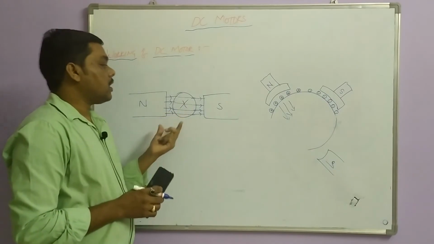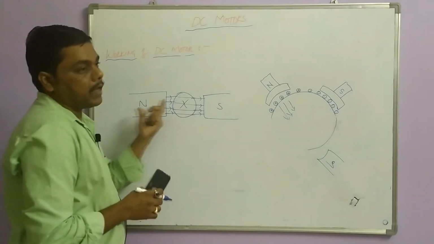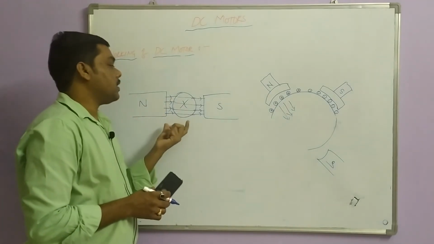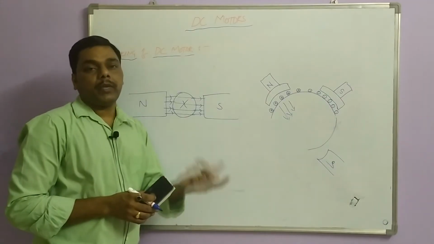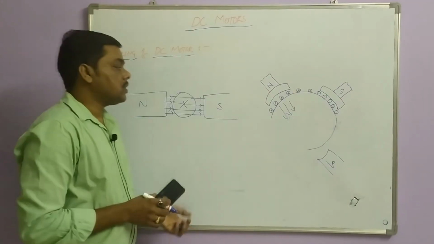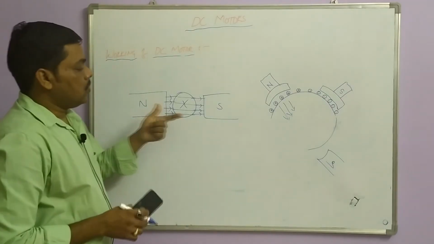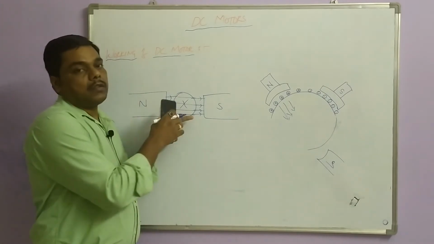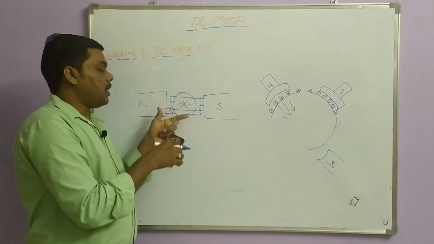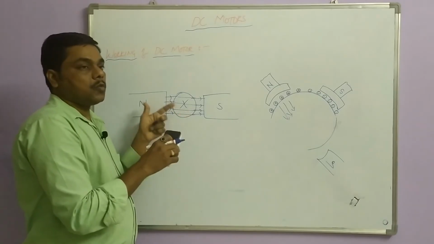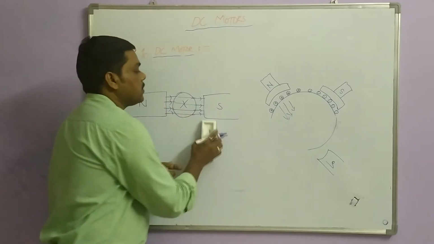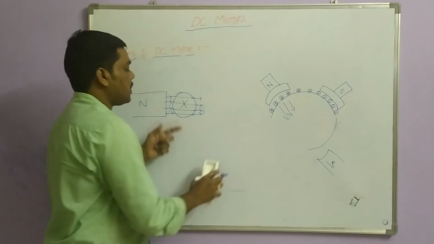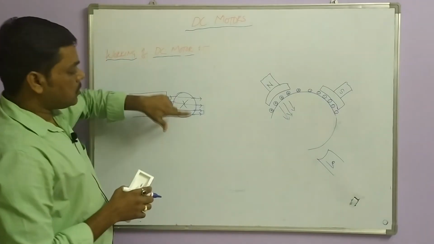So if it is entering current, what is the direction of force acting on this conductor? It is given by Fleming's left hand rule. Place your forefinger towards the field direction, and the current is entering. Suppose this is the current entering under the north pole.